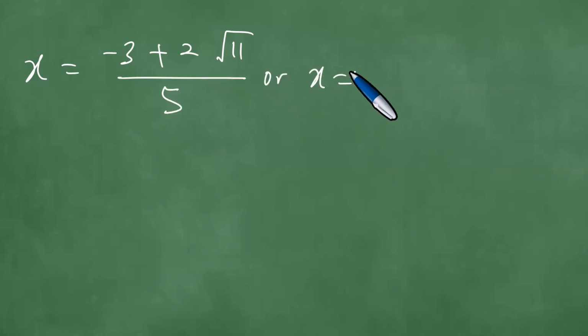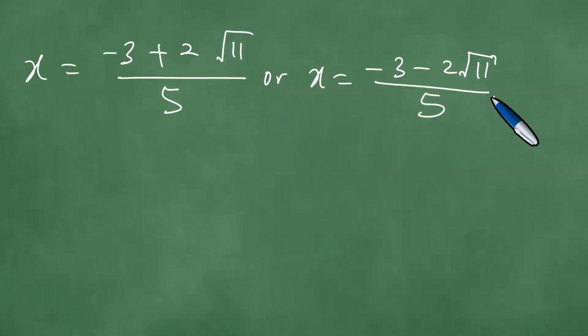Or x equals minus 3 minus 2 into the square root of 11 out of 5. So these are the answers, but we can find the decimals of this, as the writer was saying.